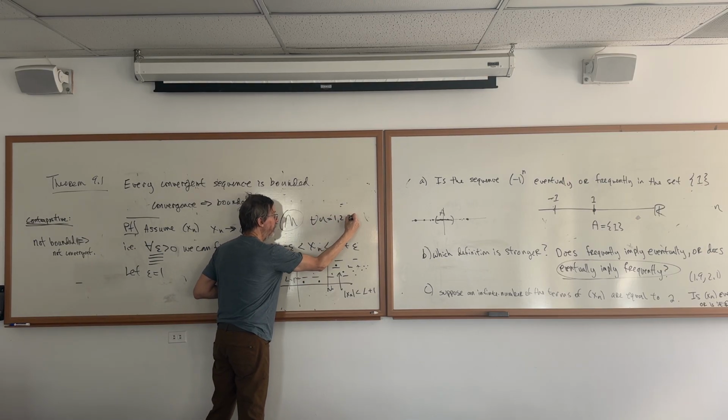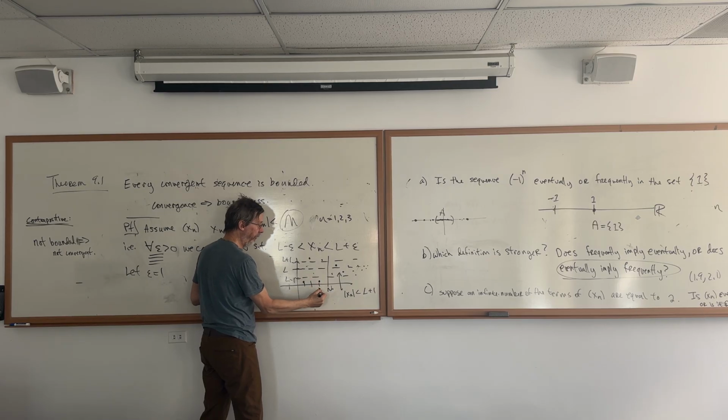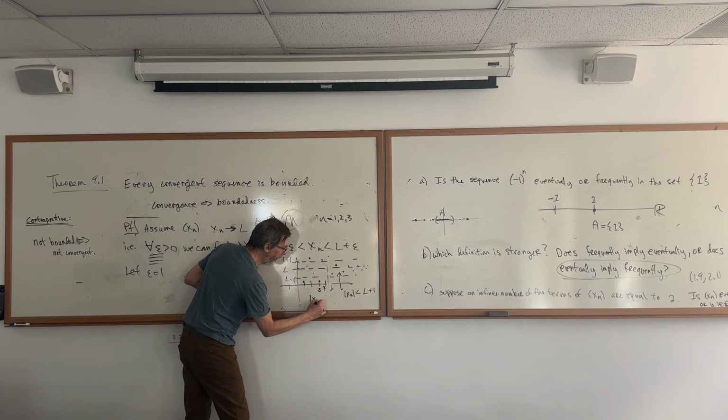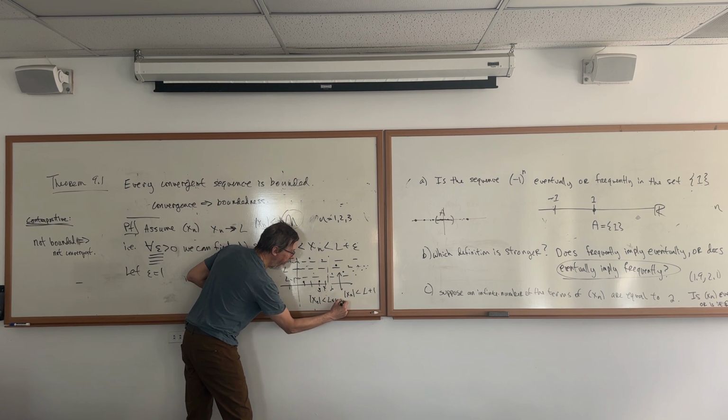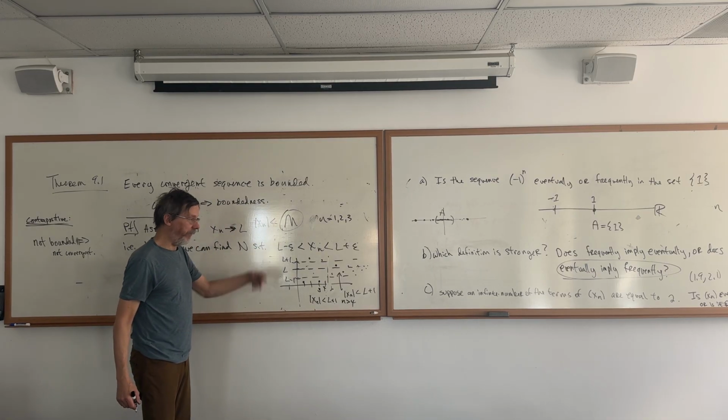So for n equals 1. So here's n equals 1, here's n equals 2, here's n equals 3, n equals 4, and it looks like we've got x sub n is less than L plus 1 for n bigger than 4, just based on this picture here.